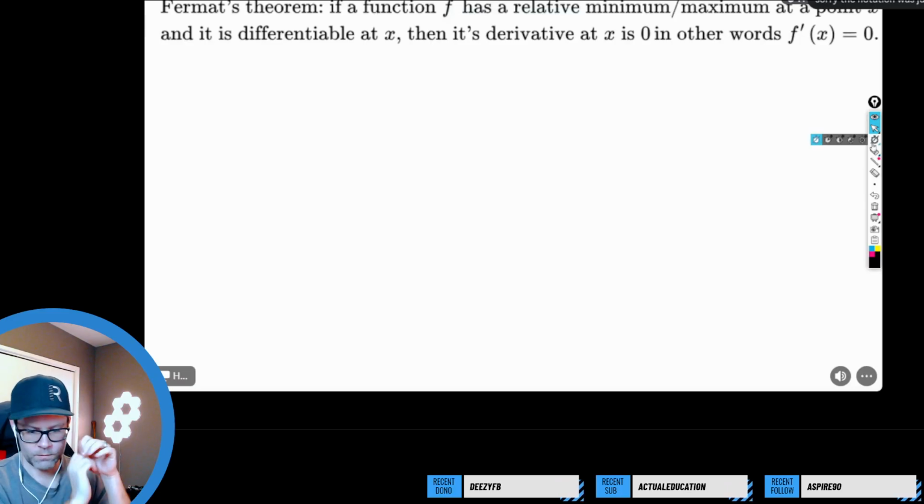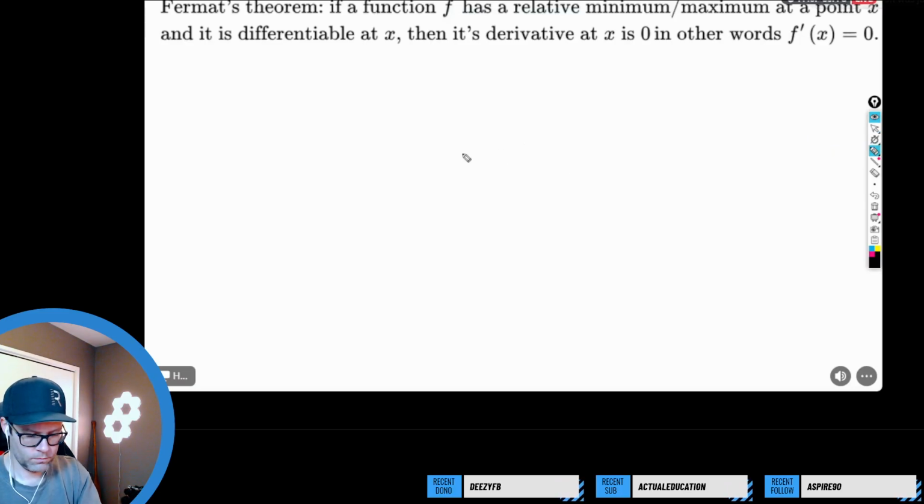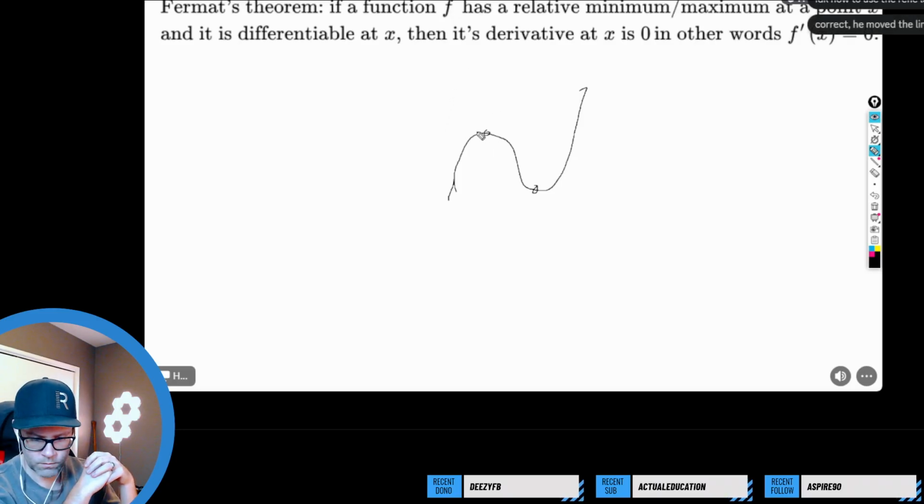Now, from the start, when we used the derivative to find the maximum and minimum point of a function, which looked like this, and took the derivative, we actually counted on this theorem: if some function has a relative minimum or maximum at x and it is differentiable at x, then the derivative is 0.